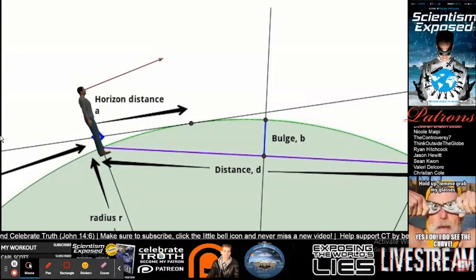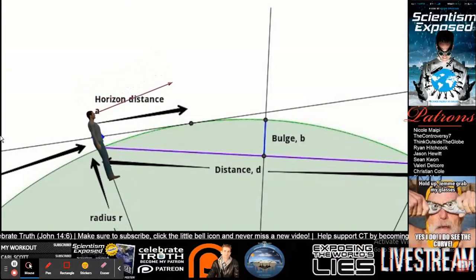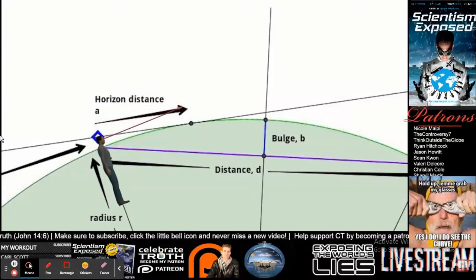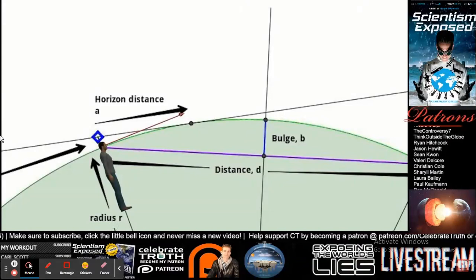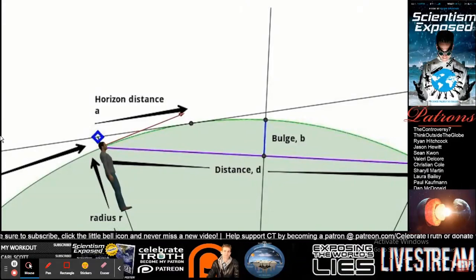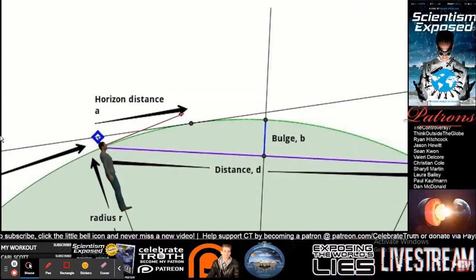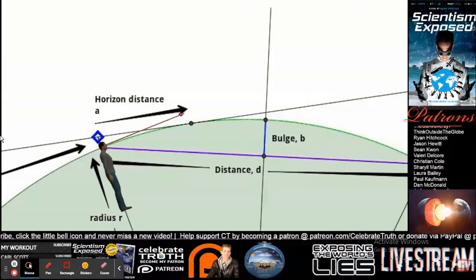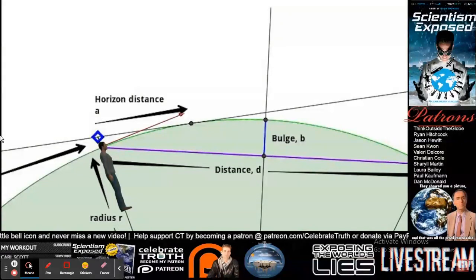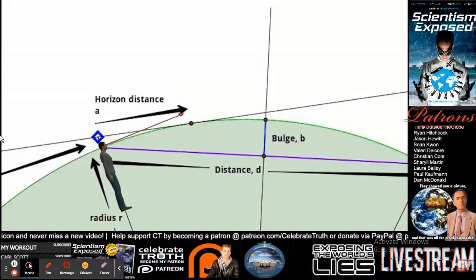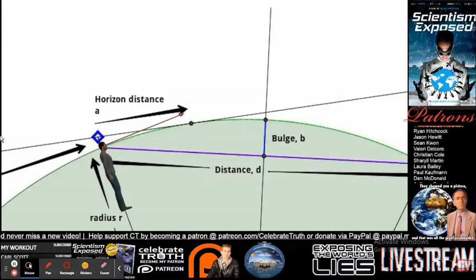Let's keep PJ looking straight ahead, and I'm going to slide him down so that his eyeball essentially ends up on the ground, looking straight out, and you're going to see the problem here. Look, at ground level, if his eyeball is on the ground and he's looking straight out, the ground is beginning to immediately curve downward. There's no bulge.